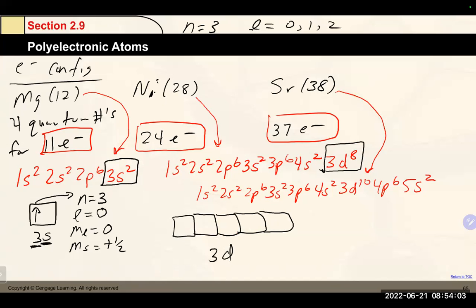Up to that point, we have 20 electrons, which means my 21st electron would go up, my 22nd electron would go up, my 23rd electron would go up, and my 24th electron would go up at that point.